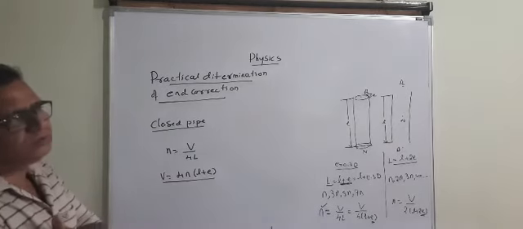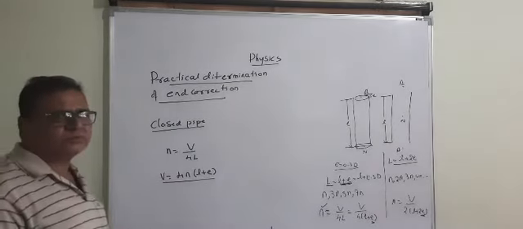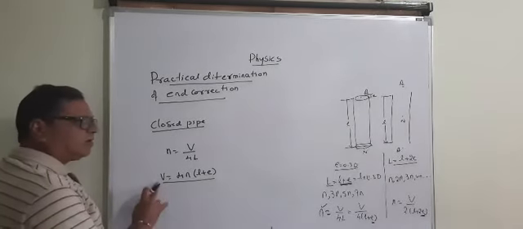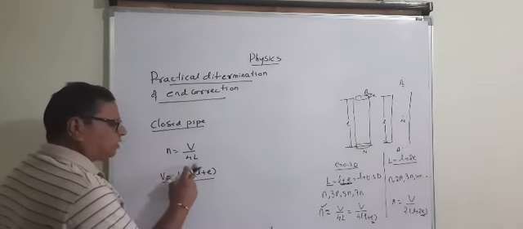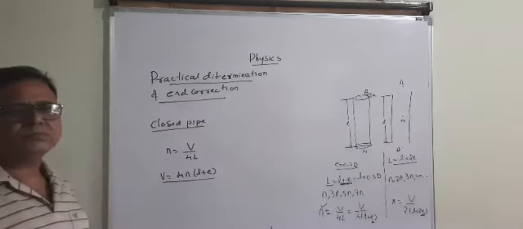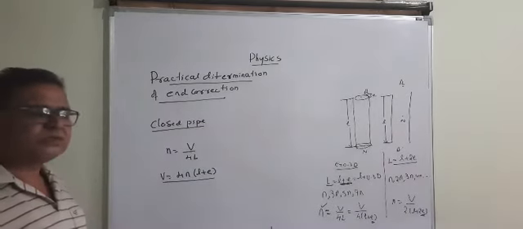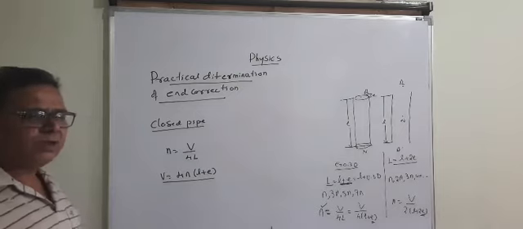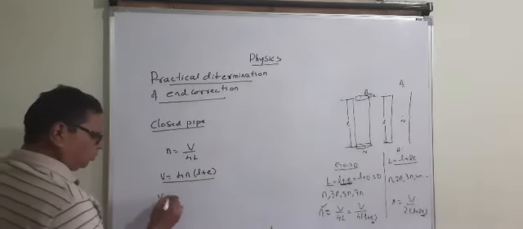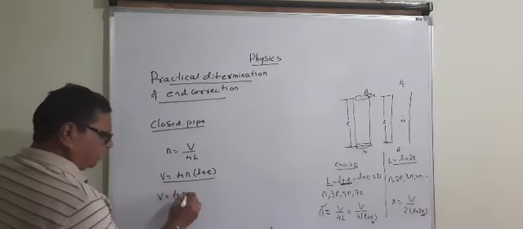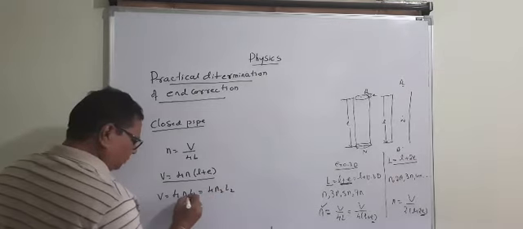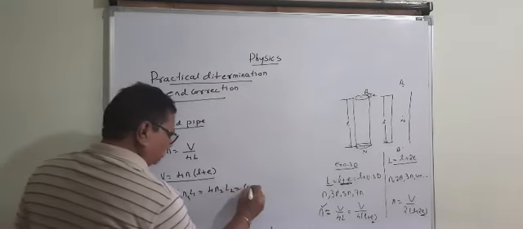Velocity of sound for a given medium is constant. That means if we change the frequency, there will be change in length of air column, and the product always remains constant. We can say that v is equal to 4 n1 L1 is equal to 4 n2 L2, which is equal to constant.